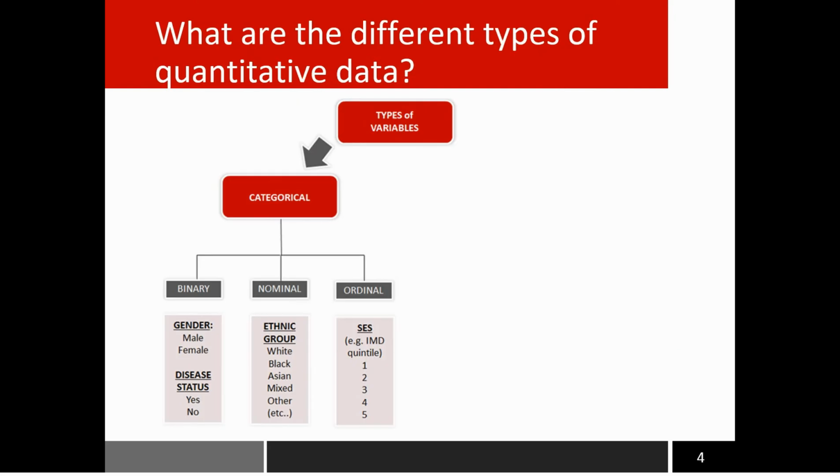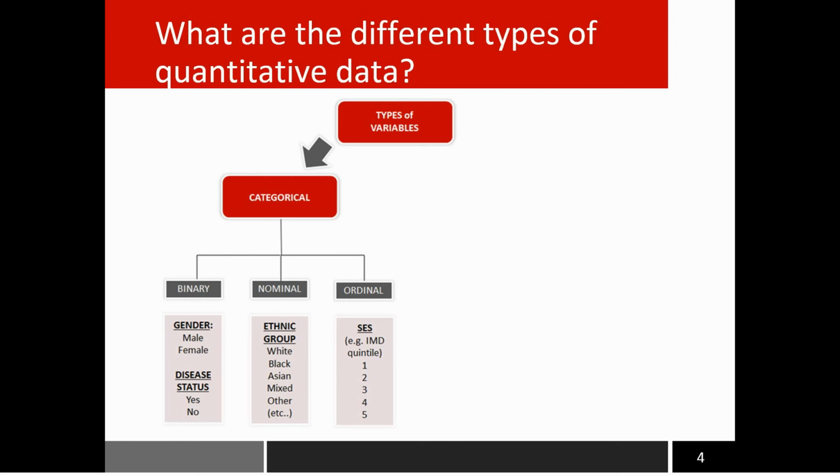Before starting this process, it's useful to think about what types of variables you are collecting. By variables, we just mean things that can change or vary, for example between people or over time. Broadly speaking, variables can be categorical or numerical. A categorical variable is made up of categories.